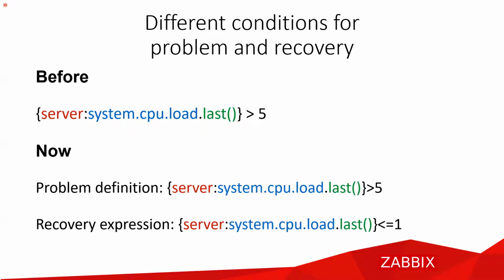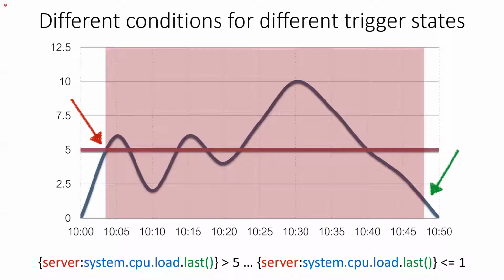And as you can see in the example here, we are again checking the last value received for the CPU load, above 5, but then we create the actual recovery expression, which checks if the last value received was below or equal to 1. And how does that look?